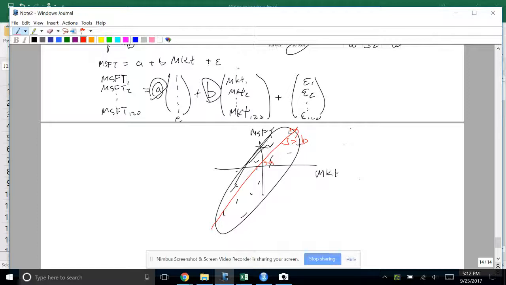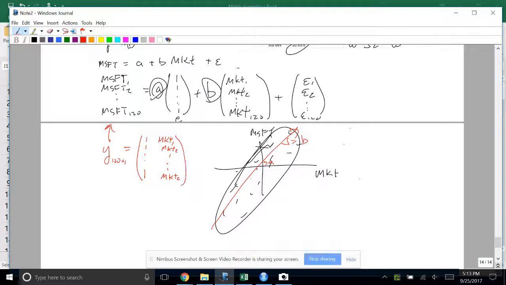And so basically, you can call this vector y our excess returns, and then our data is a vector of ones and a vector of market returns over the 120 months. So this is a 120 by 1 vector of Microsoft returns.